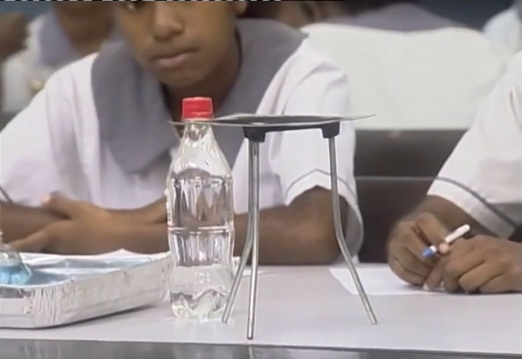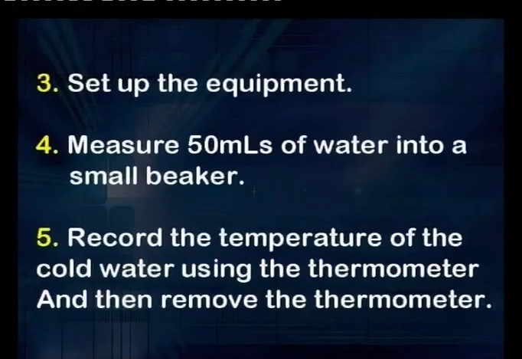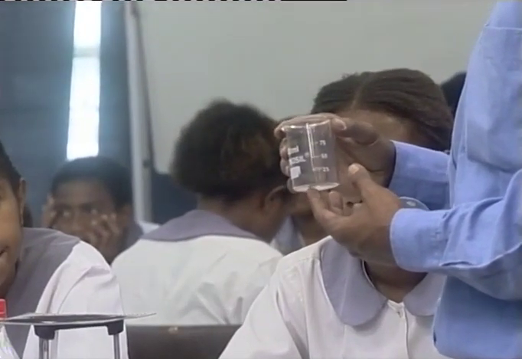That's setting up the equipment. You will measure 50 milliliters of water into a small beaker. If you don't have a beaker, maybe you can use measuring cylinders where you can pour water up to 50 milliliters.